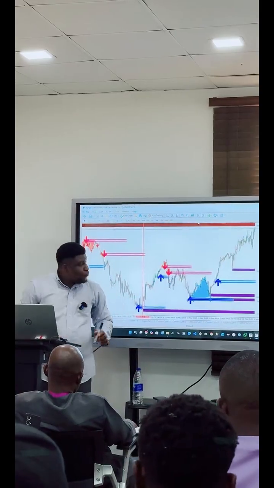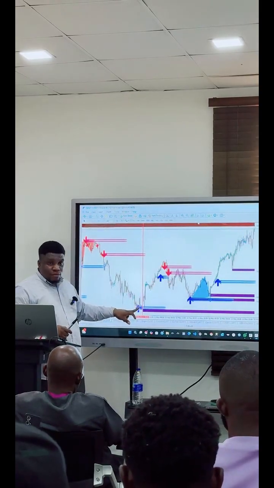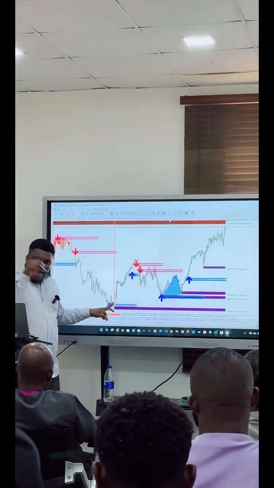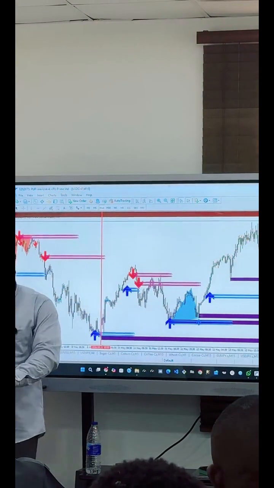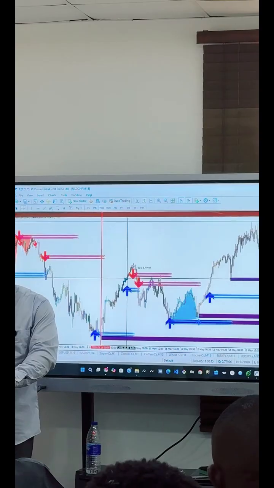Now, it means that from this period that it gave me that signal, I will now wait for the next time it will give me that same buy signal on my 15 minutes. Once it gives me a buy signal, you can see the buy here, right? I'm taking the buy from here.